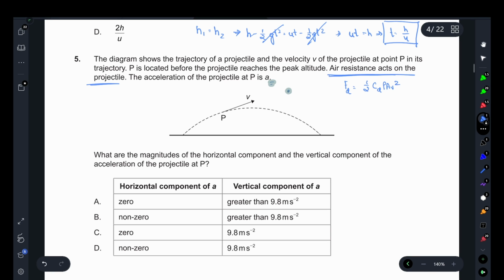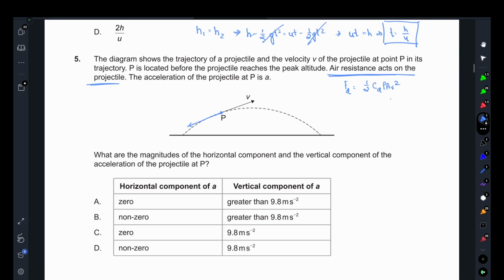So let's go ahead and look at the horizontal component of acceleration. If this is our body, we have our air resistance acting this way. But in reality, because air resistance is proportional to velocity, it's actually acting this way.